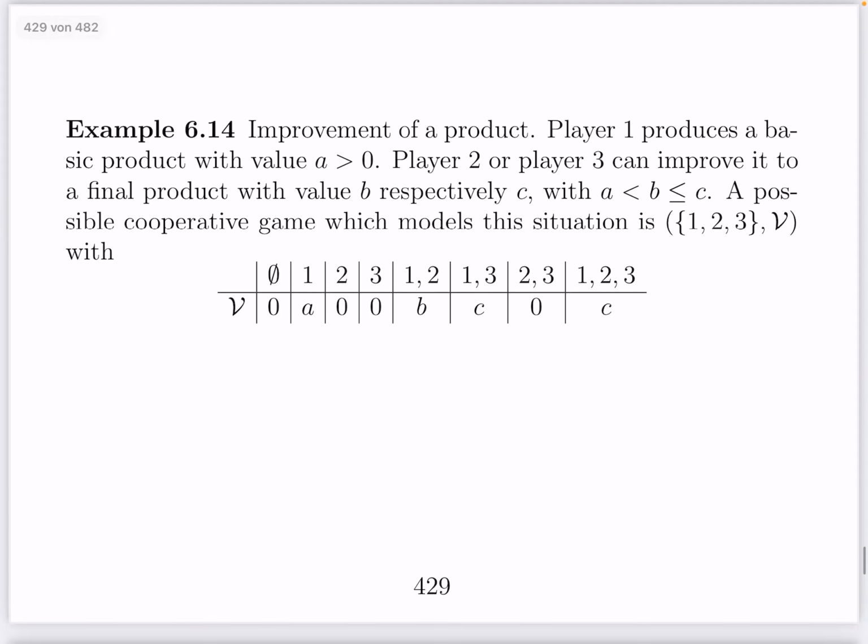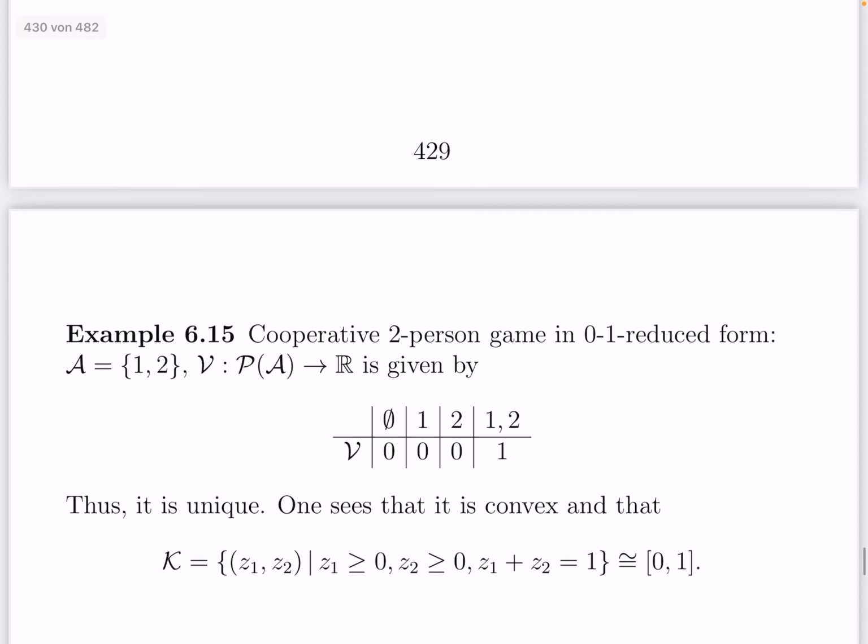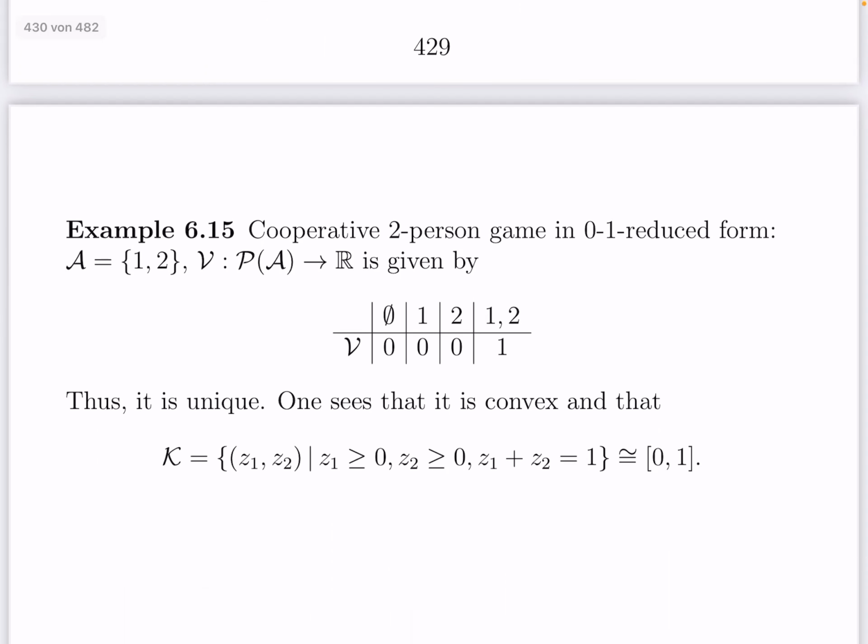But before, I want to give one other rather trivial example. If you look at a 2-person game in 0-1 reduced form, there is not much, because then the coalition value for any 1-person coalition is just 0, and the coalition value for the 2-person coalition, the total coalition, is of course 1.